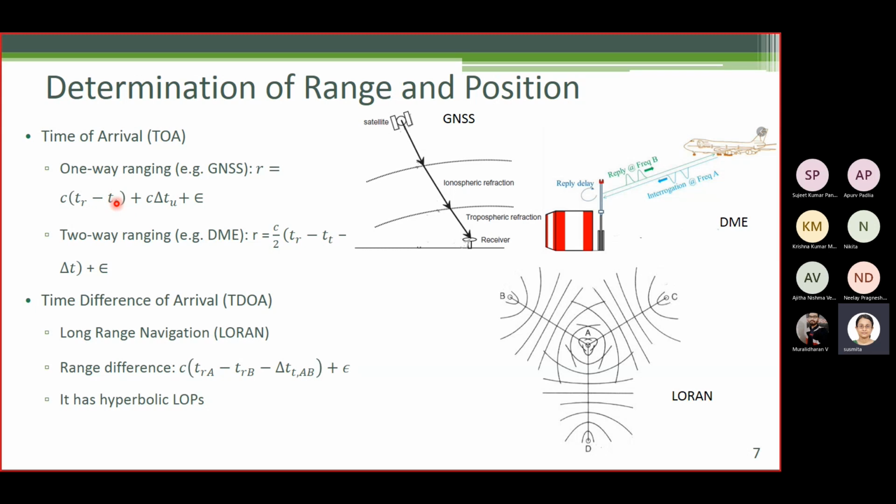TT we are actually deriving from the signal. So TT is stamped by the clock on the satellite. Satellites have highly accurate atomic clocks, but still the clocks drift. Now there is a control segment which monitors all the satellites in the constellation. It is the responsibility of the control segment to make sure that all the satellite clocks are synchronized to a common reference time, that is called GNSS system time.